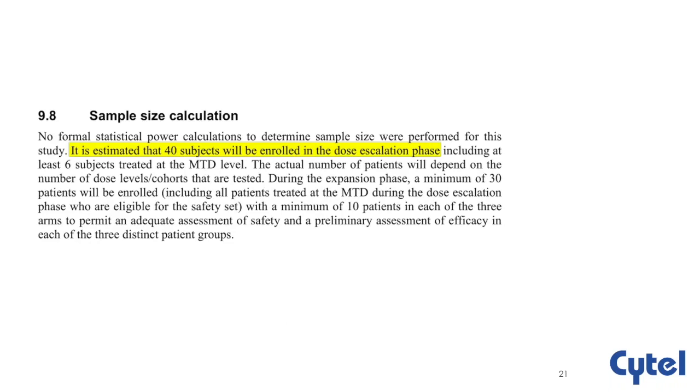So in terms of the parameters that we're going to be entering into our software, there's going to be the maximum number of subjects that we're going to be considering, which in this case is going to be 40. I'm just going to increase that a little bit to 42 in our software, just to show that initially we can be dealing with cohorts of size 3. So we're going to be exploring this maximum sample size. Of course, you may reach that maximum sample size or you may stop earlier due to some stopping criteria, which we will see later on.